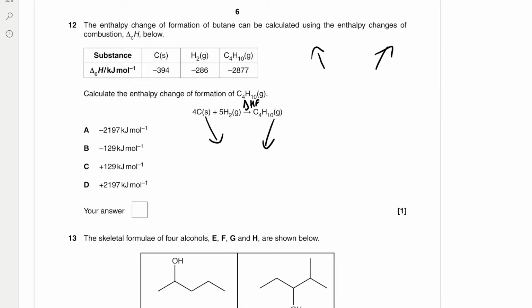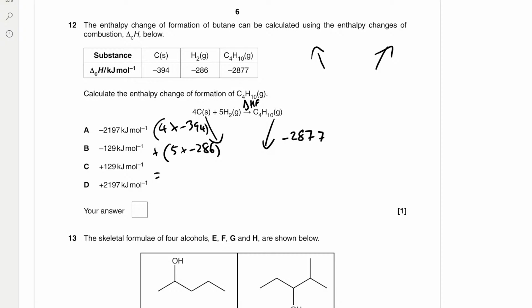So then we need to input our values. That's 4 lots of -394 for our carbon, plus 5 lots of our -286 for our hydrogen, and then we just have 1 -2877 for our butane.